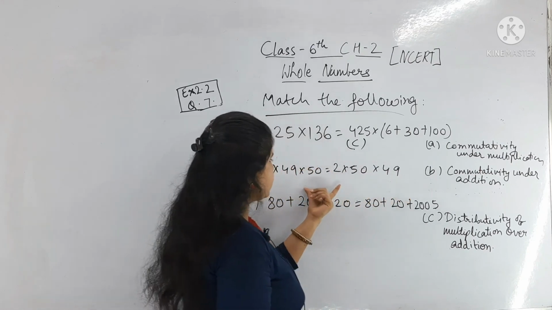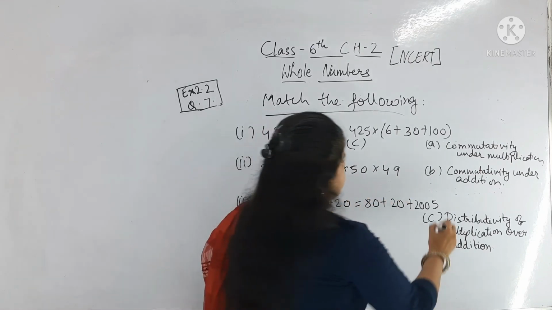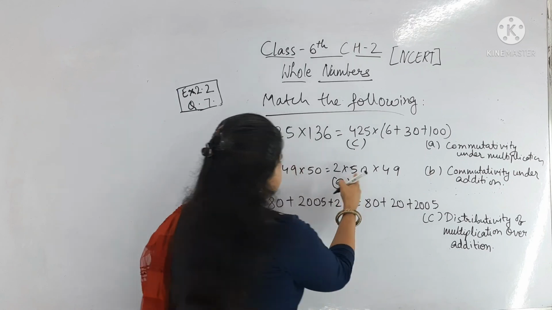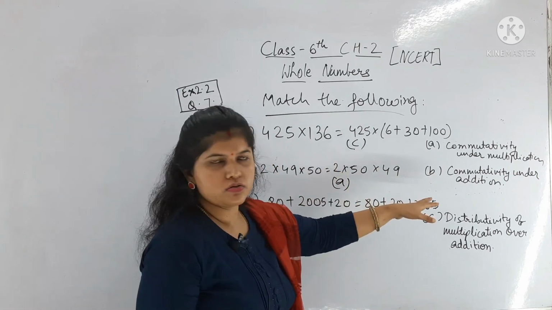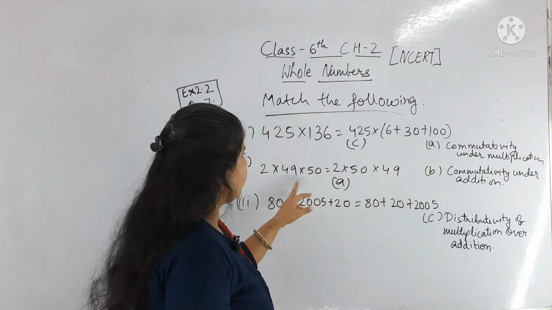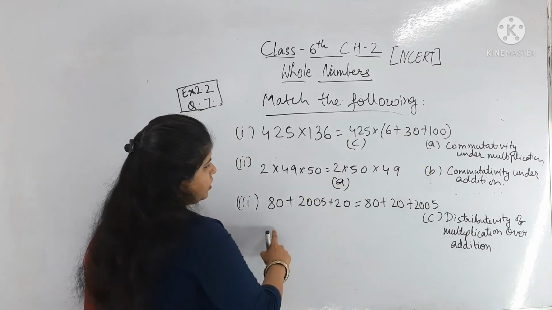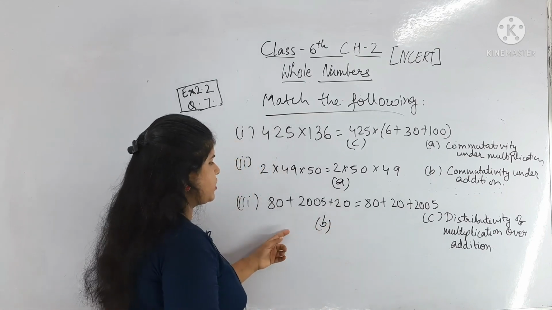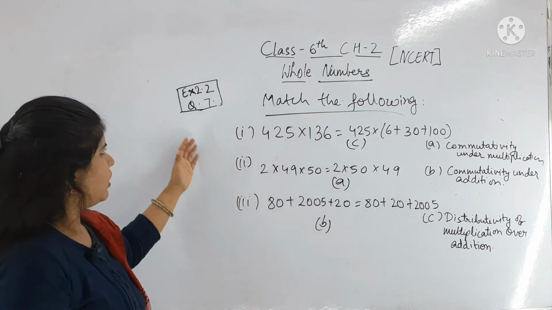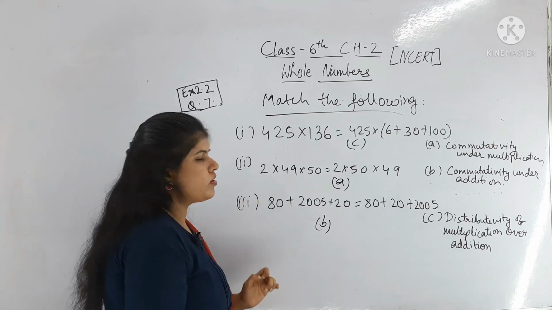That is commutative under multiplication. That is A. You can see multiplication is here and the same number is here also. So this is the commutative under multiplication. Here also this is commutative under addition. So this is the last question of question number 7 of exercise 2.2.